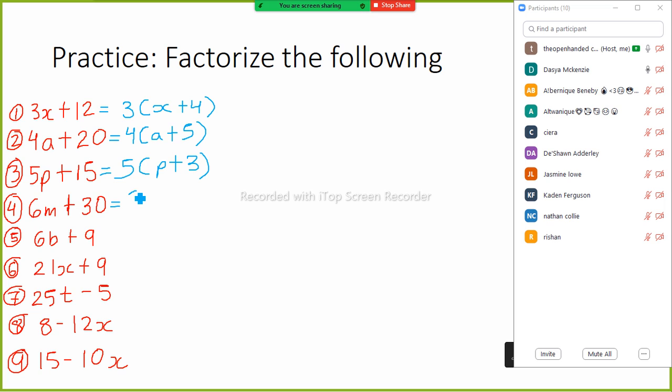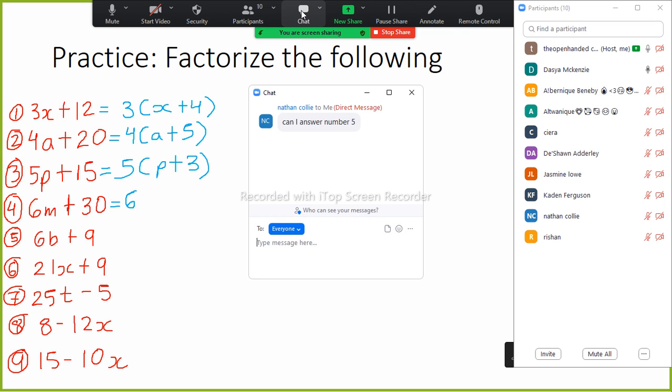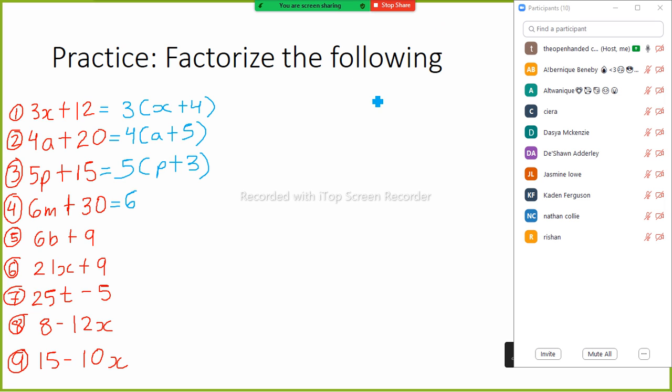My bad. 6 is going into 30 five times. Okay, so 6 open bracket m plus 5. Wow. I almost fainted just now.